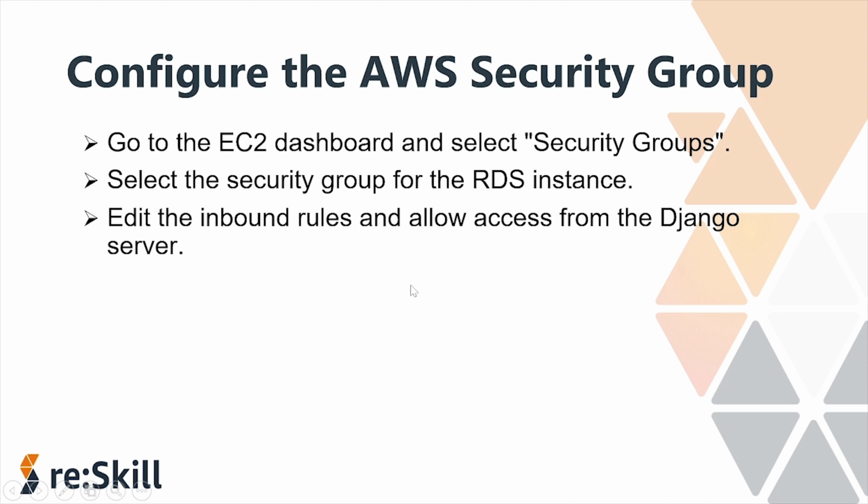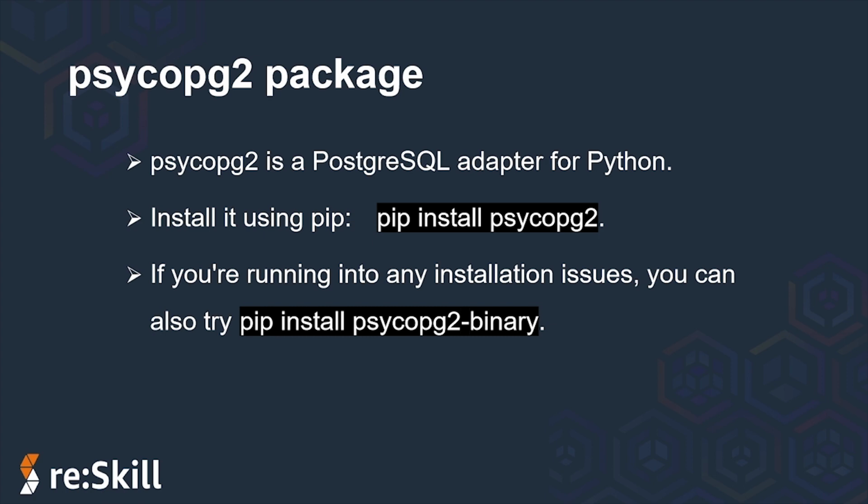once you have updated the security group, your Django application should be able to communicate with the AWS RDS database. So to connect Django to an AWS RDS PostgreSQL database, you will need to install the psycopg2 package or the psycopg2-binary library. psycopg2 is a Python library that provides a PostgreSQL database adapter for Python.